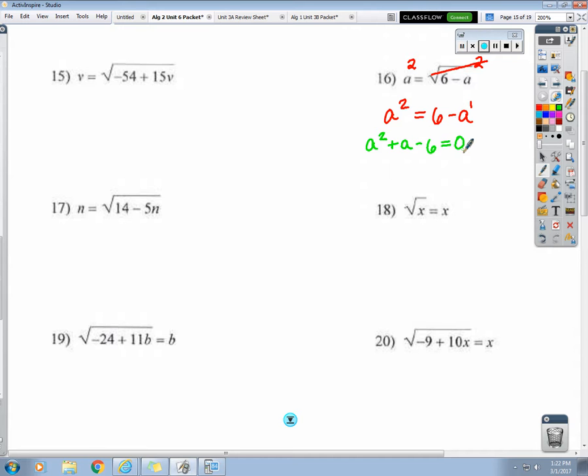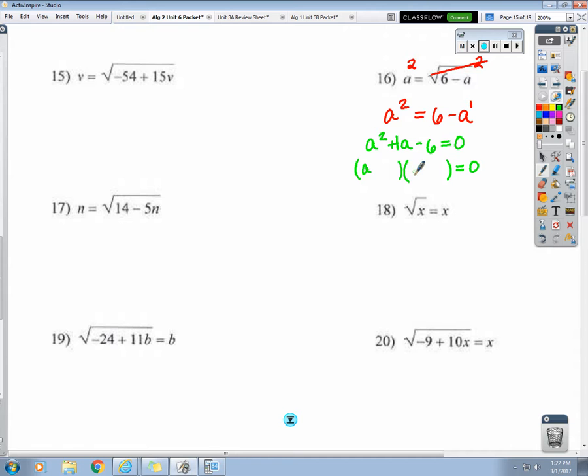Now when it looks like this, a lot of people, I bet, get confused right here because you know you need to factor, but you get confused about the numbers you're looking for. Did you keep in mind that this is a 1? Anytime you have a variable and there's not a visible coefficient, it's always a 1. So we're adding to 1 and multiplying to negative 6.